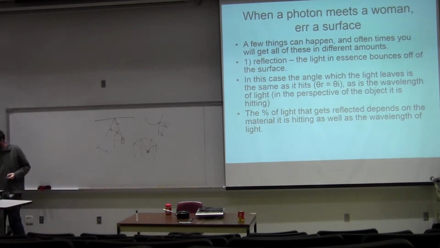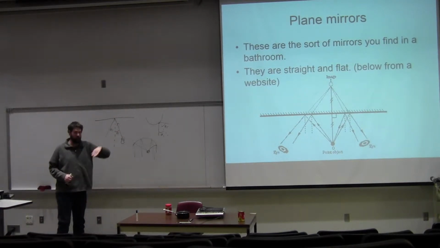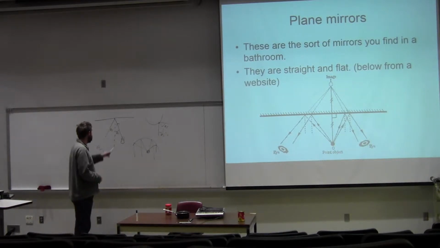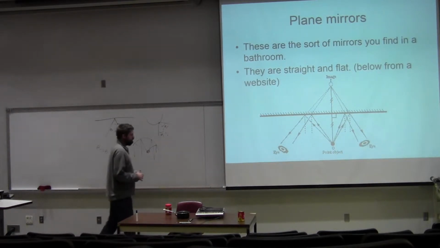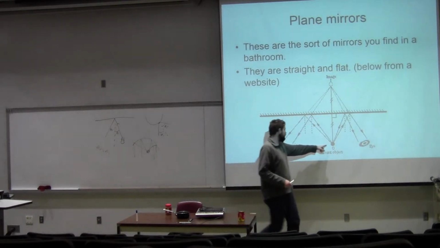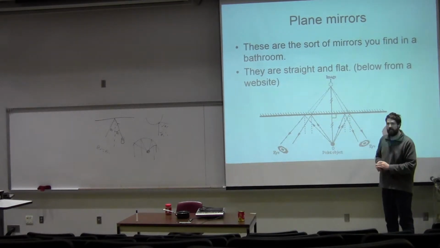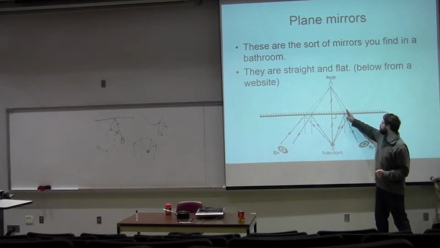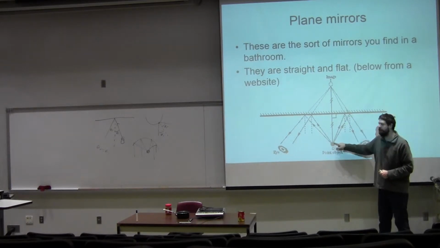That leads us to plane mirrors. So if I have a mirror, like so, this is a plane mirror, it's a flat mirror. The angle that comes off and the angle in are the same. So if I look at the light as it scatters from an object and goes outwards and hits off of this mirror, and I trace these rays back past the mirror and keep going, the image in the mirror I'm looking at is actually right here.